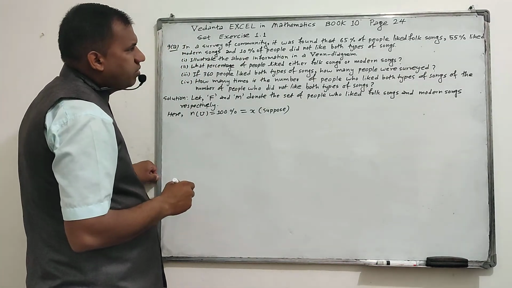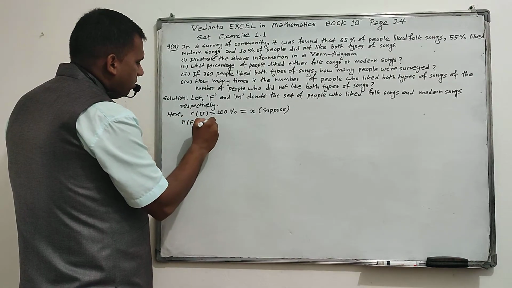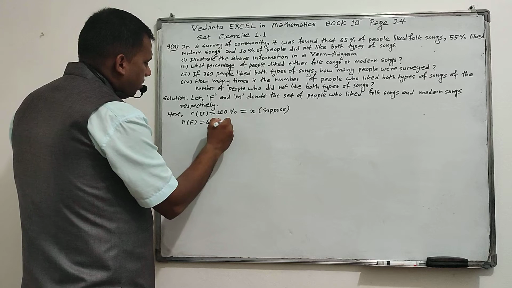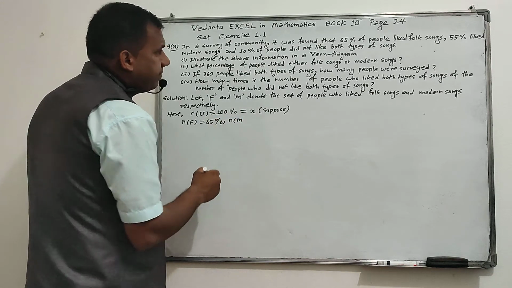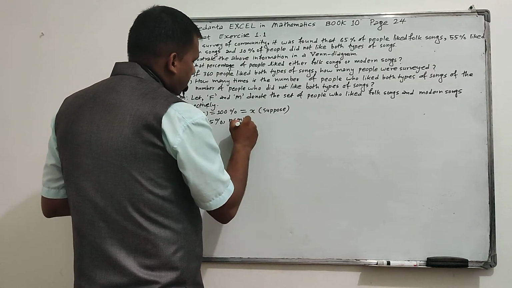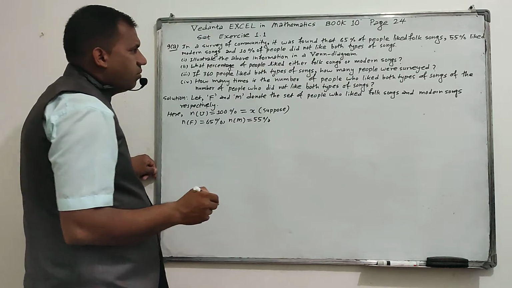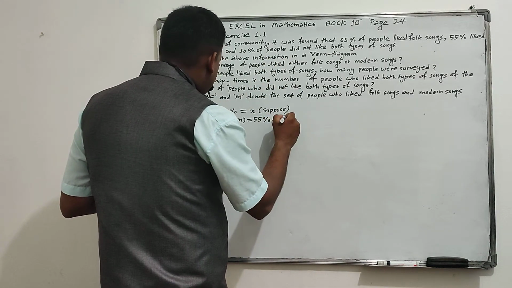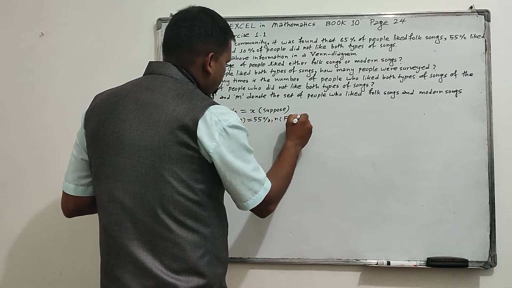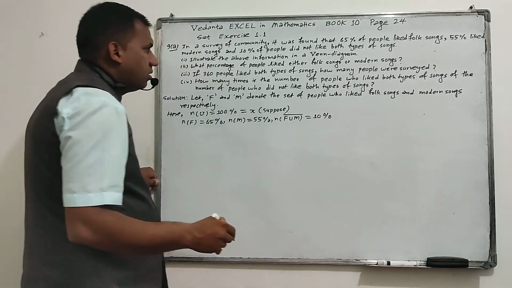Then 65% people like folk songs, number of F equal to 65%. Number of M is 55%. Then 10% did not like both. Number of (F union M) whole complement, that is 10%.